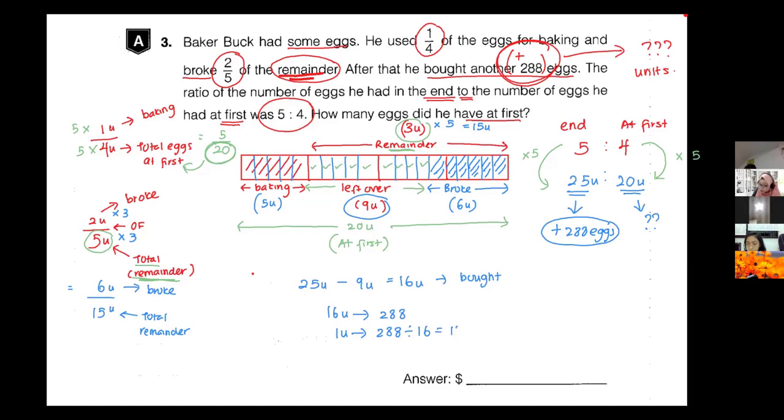You get 18. You don't stop there, because I want to know at first, which means I want to know my 20 units. 20 units is 20 times 18, and the answer is 360. So I make use of the remainder concept model, and over here the equivalent ratios.